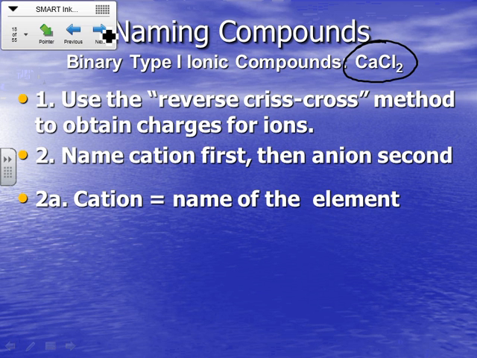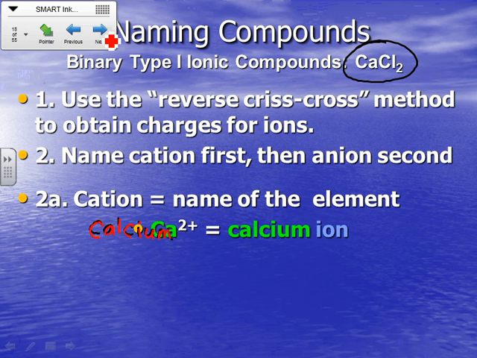Ca is calcium. You just write calcium. So that's the cation. Cation is just calcium. That's all you have to do.